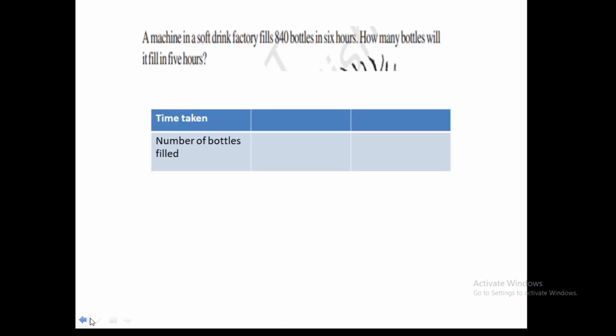A machine in a soft drink factory fills 840 bottles in 6 hours. How many bottles will it fill in 5 hours? This is a question. So is this situation a direct proportion? 840 bottles in 6 hours.